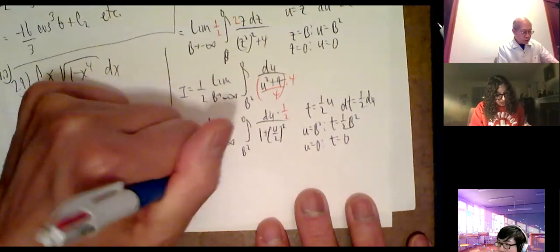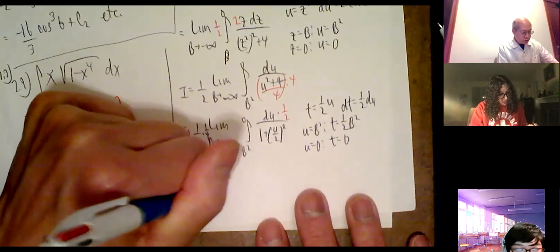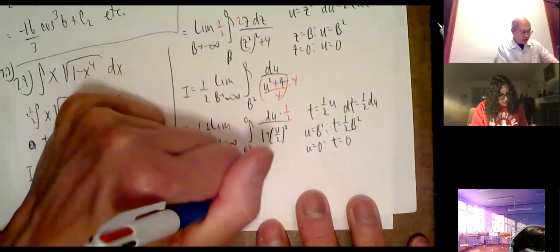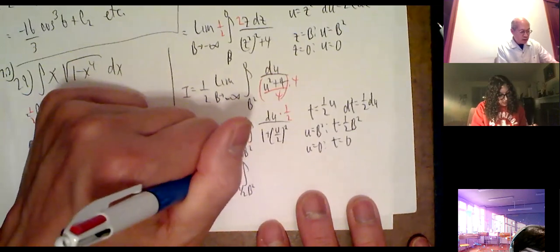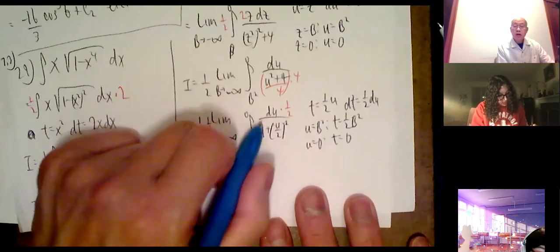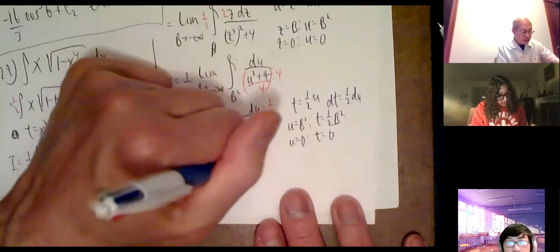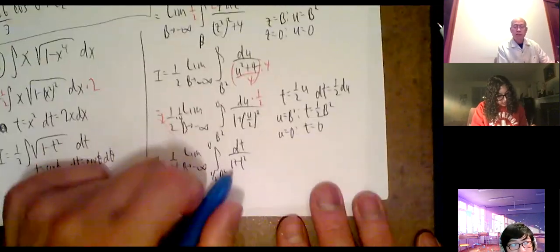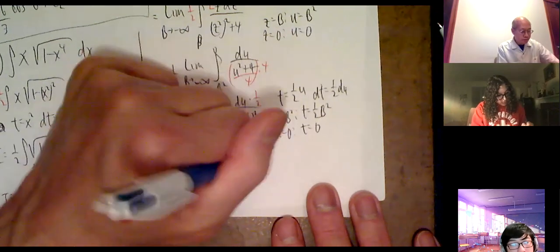So 1/4 limit b approaches negative infinity, integral from 1/2 b squared to 0 of 1/2 du, that's my dt, over 1 plus t squared. Okay, that's my inverse tangent.